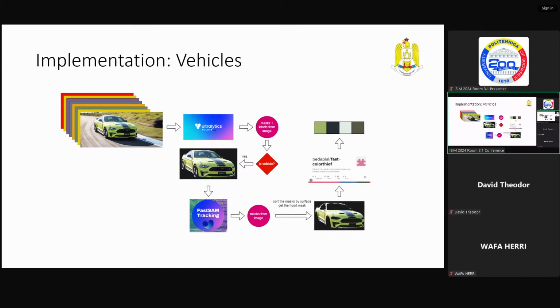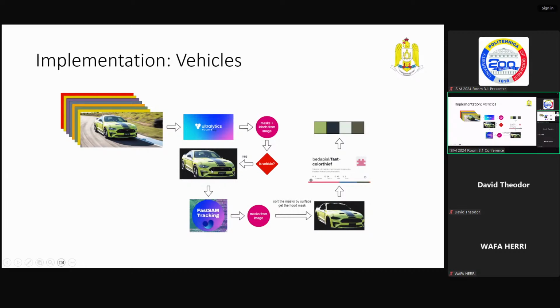COCO is a dataset that has 80 categories in which are cars or types of vehicles and also people. From that, we come with the question: is the label a vehicle? If it is, we apply the mask that we get and we remove the background from the car.